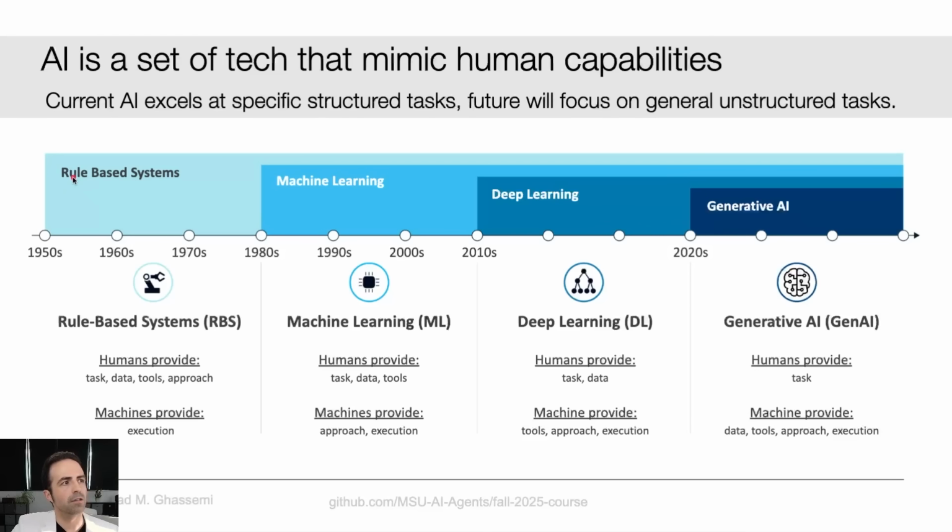What these represent are approximately the four major thrusts that we've had in the development of AI systems from the 50s onward, starting with rules-based systems, moving into machine learning, into deep learning, and finally culminating in generative AI systems that we all know and love. Your ChatGPTs, your Claude codes, and so on.